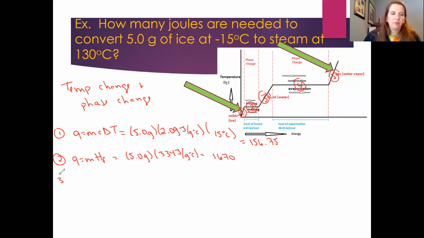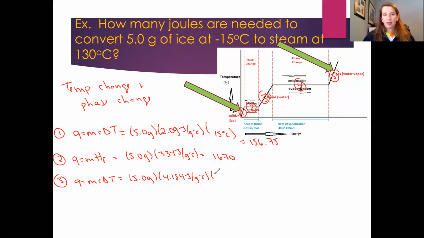Our third step is right here where it's water. That's where we use Q equals MC delta T again. When it's at the diagonal, we use Q equals MC delta T. So we have 5 grams still. Our specific heat of water this time, it's liquid, so it's 4.184 joules per gram degree Celsius. And what temperature range is it going to be water?